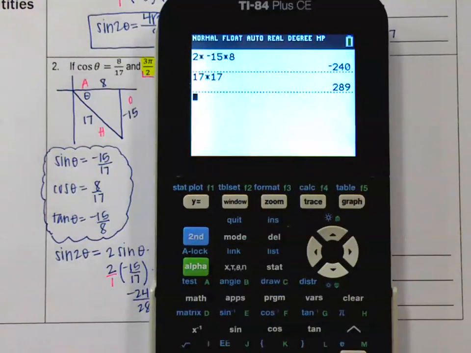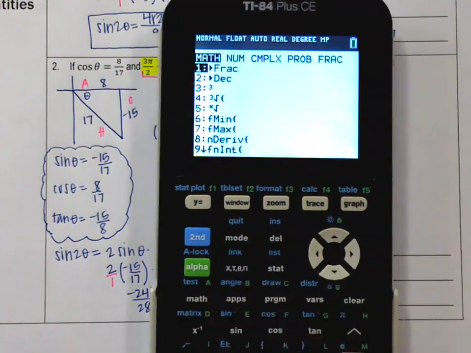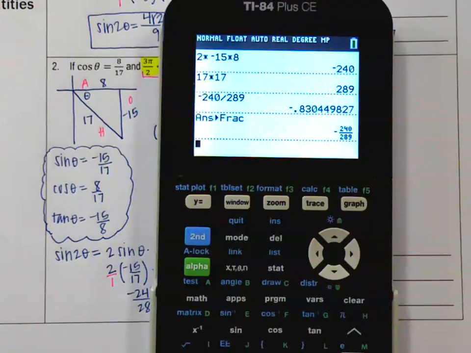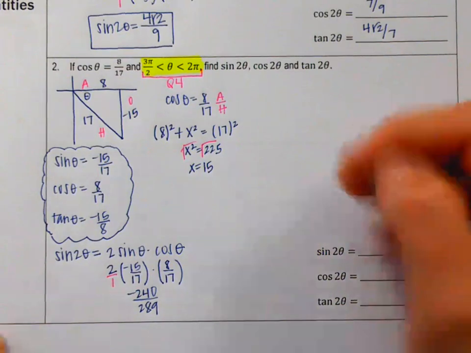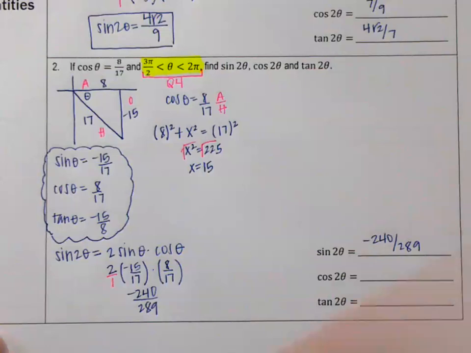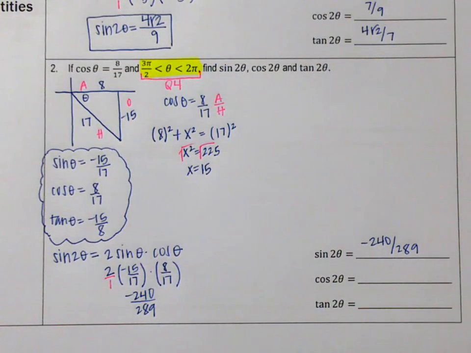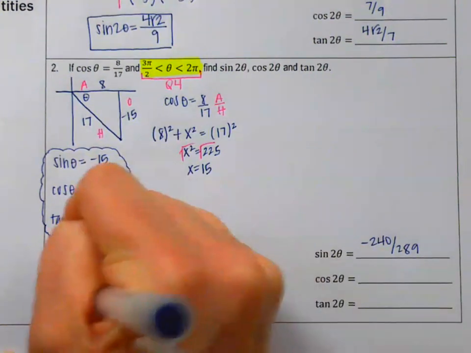Remember, you can check that in your calculator. You can just go negative 240 divided by 289, math frac, and it will give you the reduced answer. Now, this is the reduced, negative 240 over 289. So that would be my final answer. Okay, so that is the sine of 2 theta.